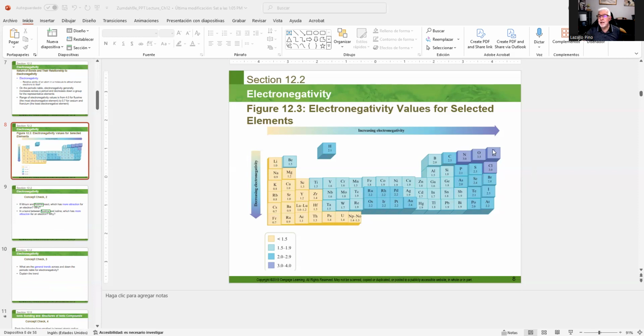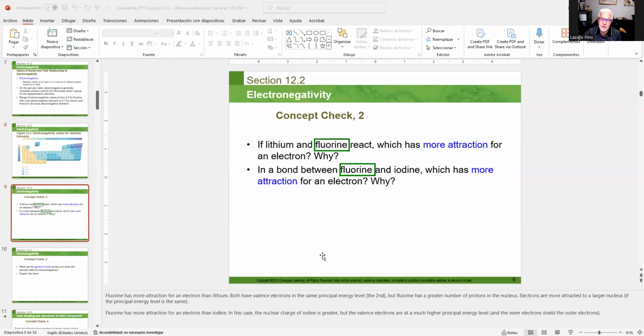Of course, fluorine has a higher electronegativity, so fluorine will attract the electrons to itself more than lithium. In a bond between fluorine and iodine, which has more attraction for the electrons? Of course, fluorine, because the electronegativity of fluorine is higher than iodine.